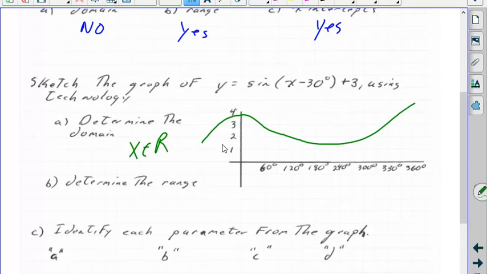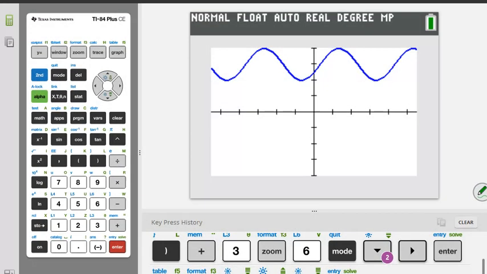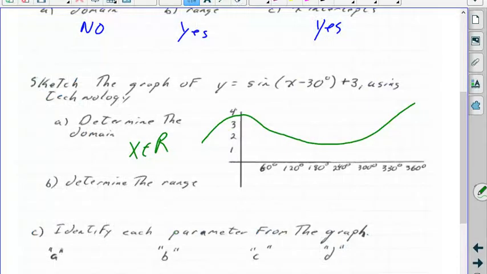The range. The highest point on my graph is 4, and my lowest point is 2. So my range is from 2 to 4.